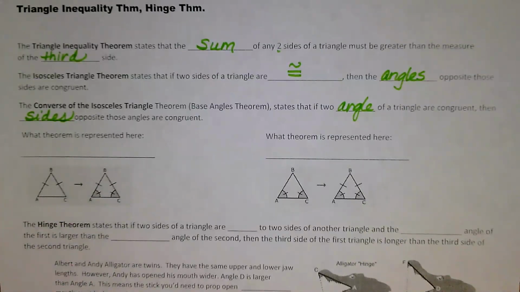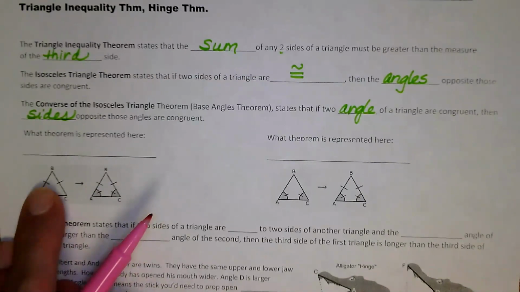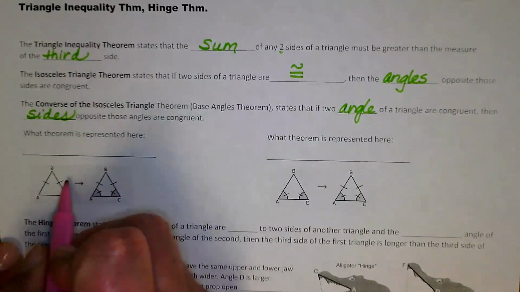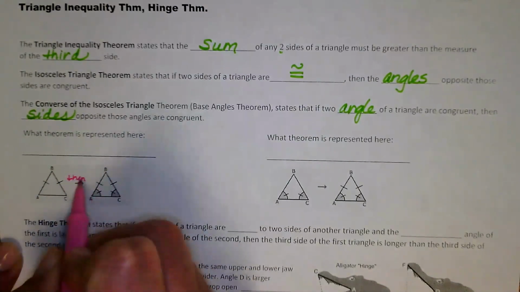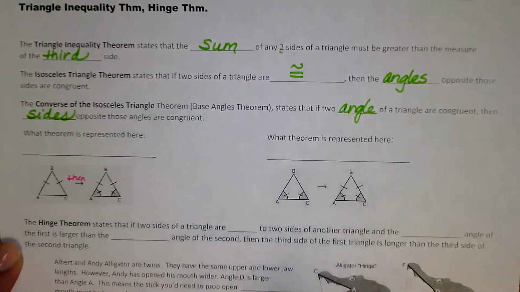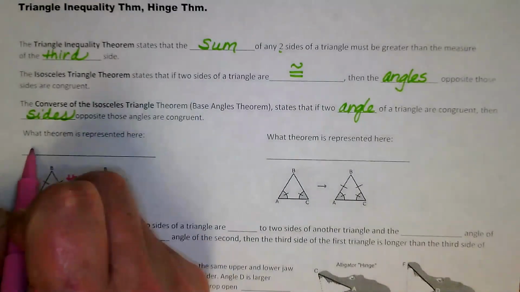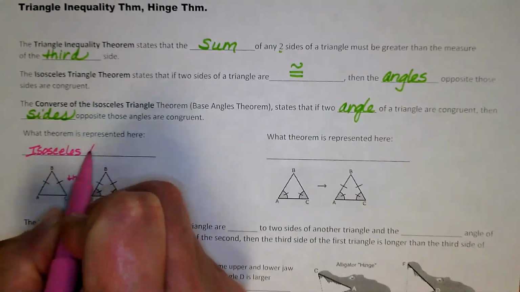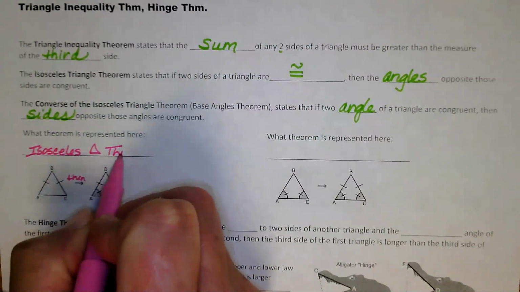So let's look here. Which theorem is represented here? If two sides are congruent, then that's what the arrow means, the angles opposite them are congruent. That is the isosceles triangle theorem.